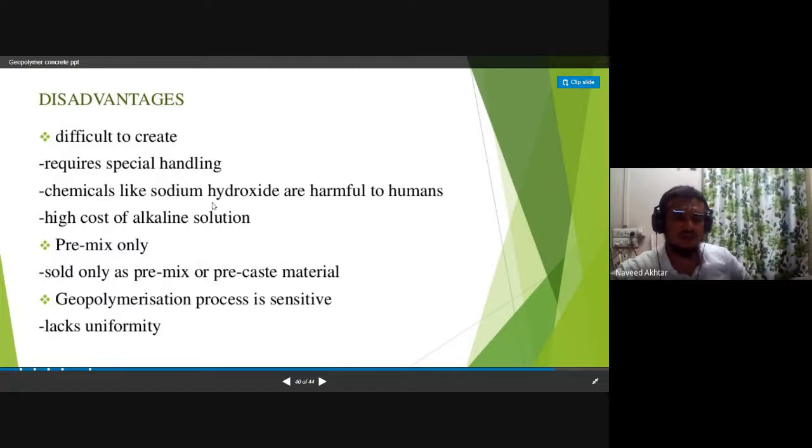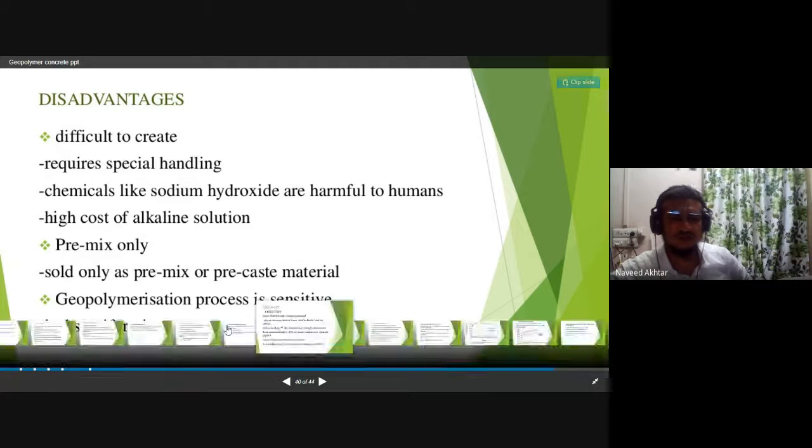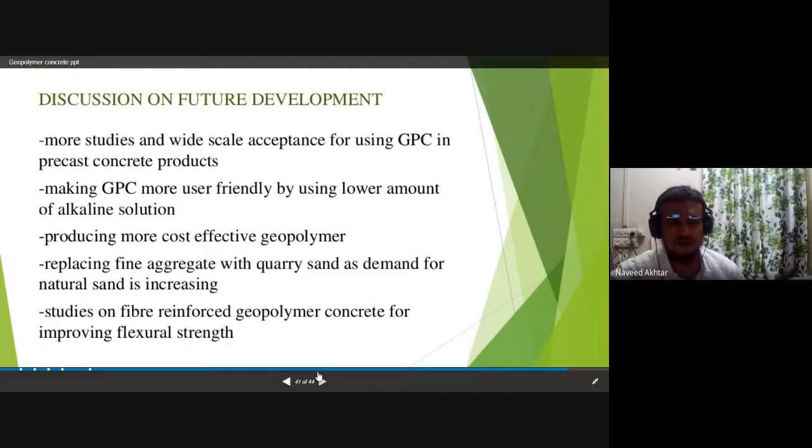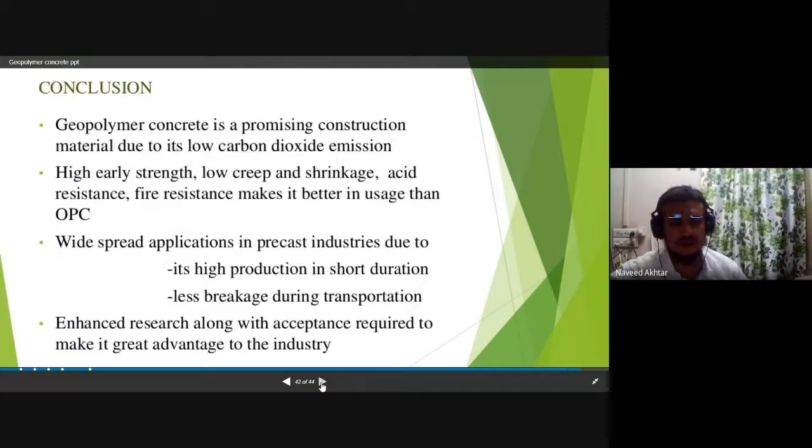Sodium hydroxide is very harmful, and pre-mixing is required, the process is very sensitive, and there is a lack of uniformity in the product. That is the disadvantage of this product. But nowadays, if you take care, you can do it.